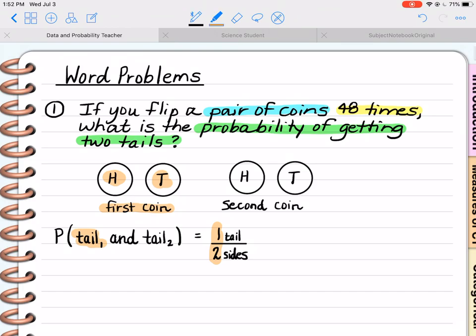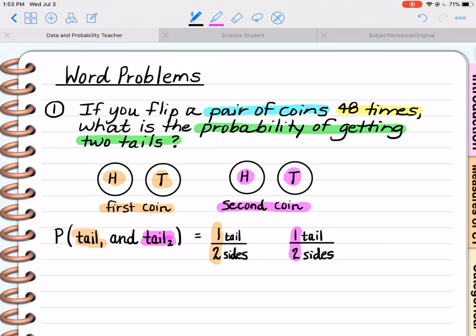Then I want to do the same for my second coin. So we're looking at this one. And you want to leave yourself some space there, so you draw your line. You want tails, so I'm looking at this pink coin. There's 1 tail out of 2 sides, and that is this coin.